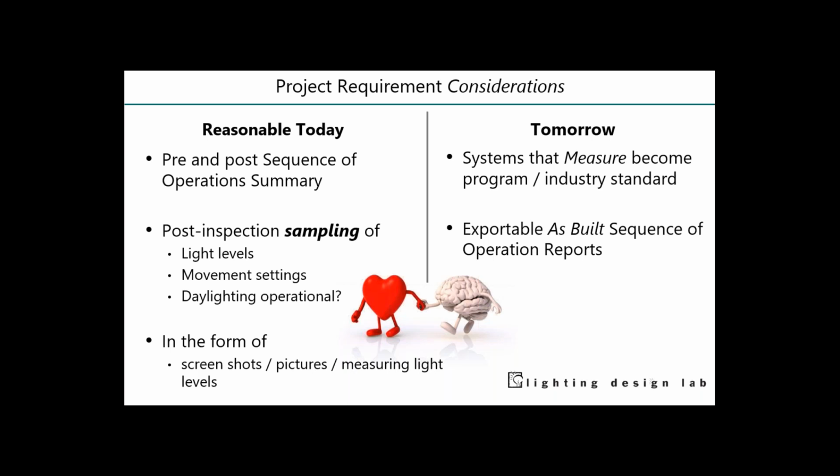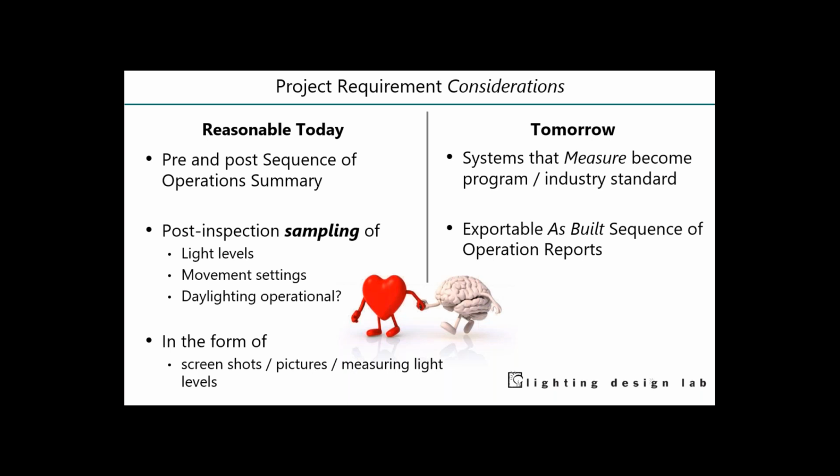Increasingly, systems, as we already talked about, can measure their energy use and report it. That is increasingly becoming a standard feature, so that is something I think can feed into utility oversight. The second one is that we're working towards a hypothetical, pie-in-the-sky sequence of operations exportable report.